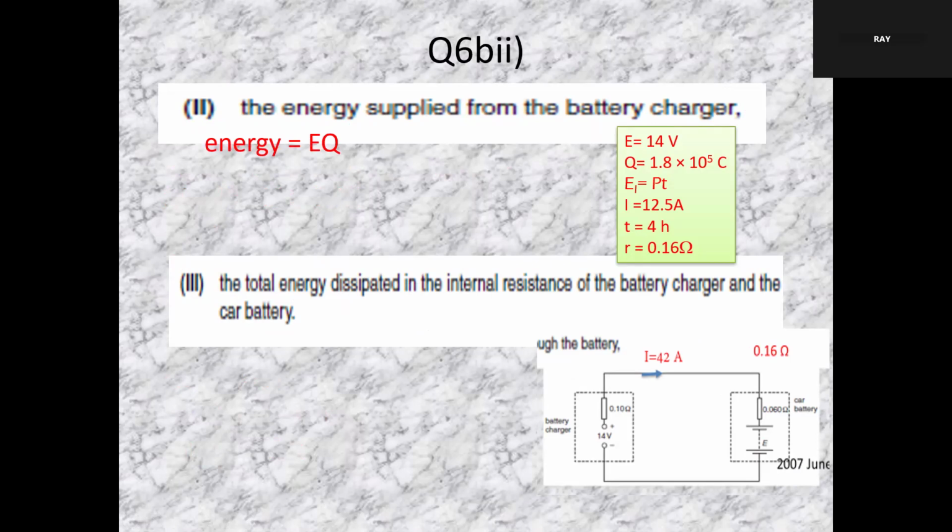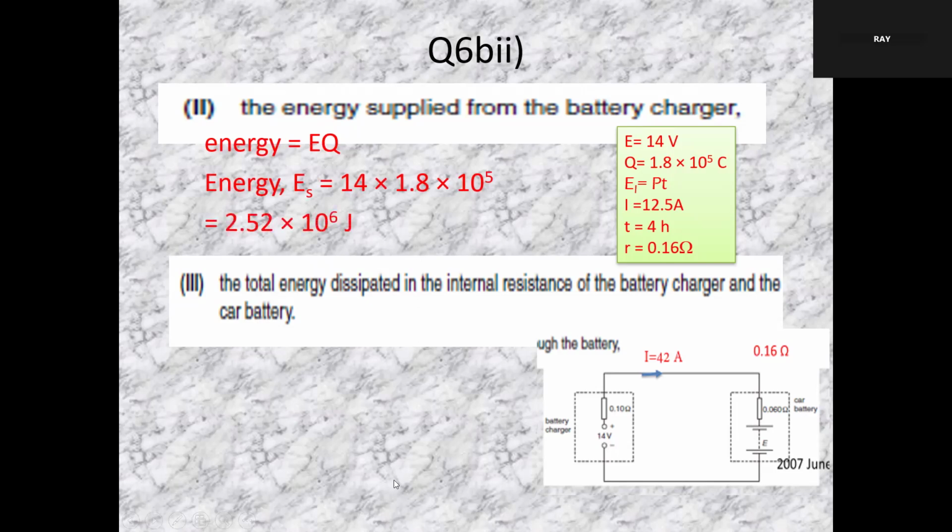So E times Q, no? Energy supplied by the battery charger, this one, right? E times Q. So we call that Es, energy supply. E is 14. Q we have just calculated.